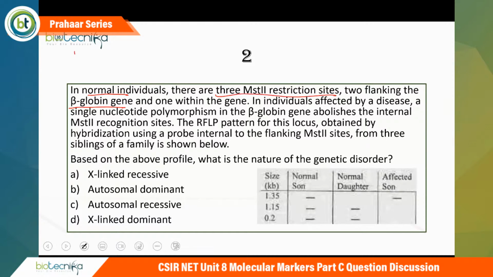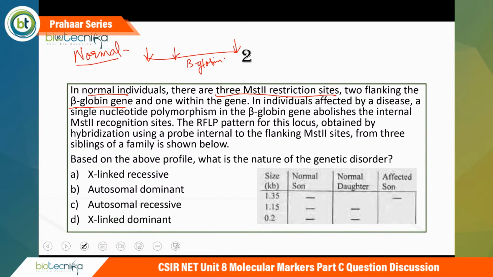I will draw the pattern for normal. If this is the beta globin gene, it has 3 MST2 restriction sites. 2 flanking the gene, one here and one here, with the entire beta globin gene in between, and one more site which is within the gene.